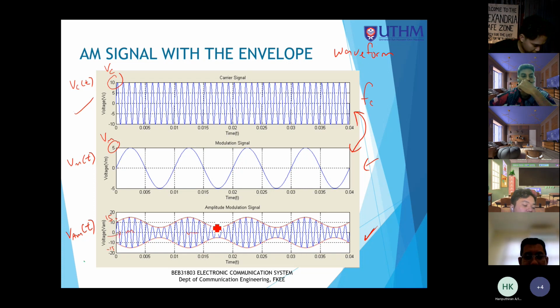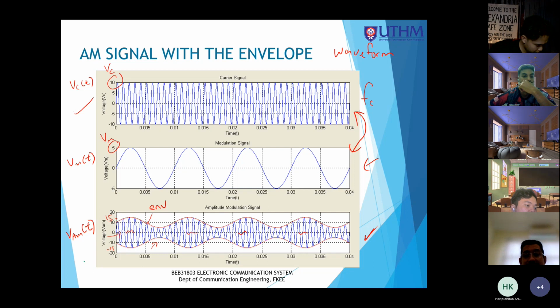Okay, color biru dalam ni adalah double sideband full carrier. Bagaimana pula yang color merah ini? So this red color line, okay, above and below is an imaginary line.